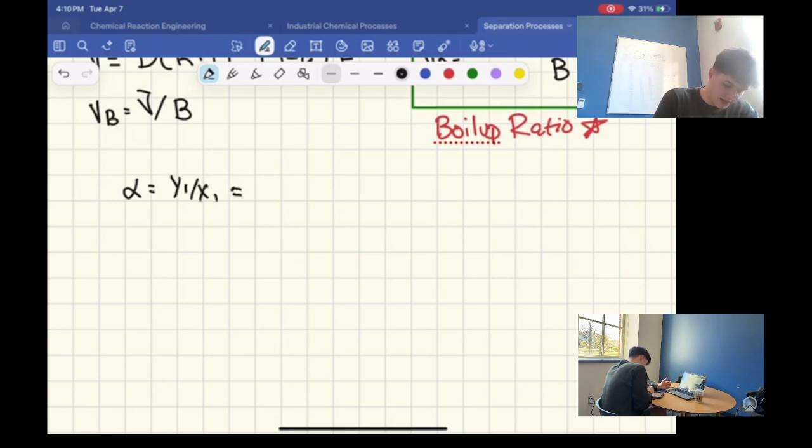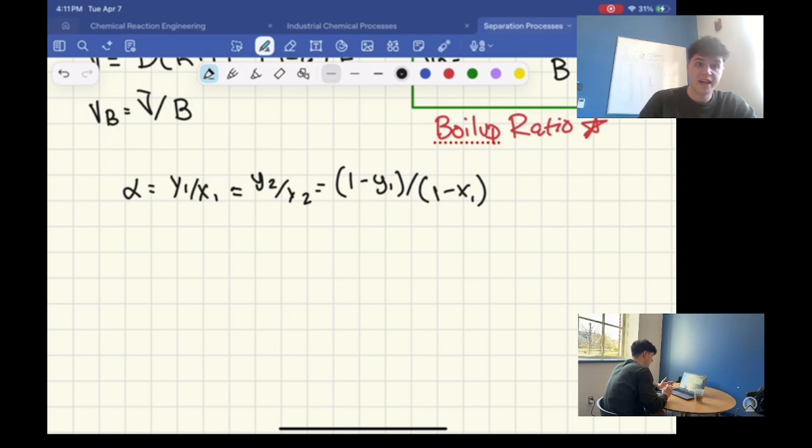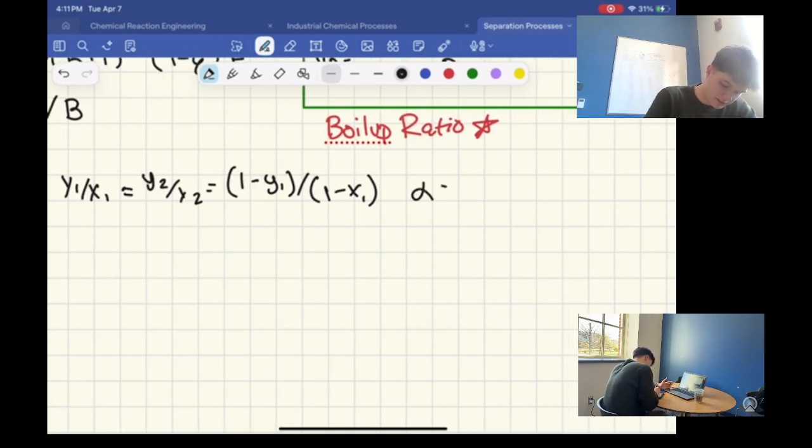which can also be written as y over 1 minus y, divided by x over 1 minus x, step by step. Now from here we can combine like terms, and we will say that alpha is going to be equal to y1 times 1 minus x1 over x1 times 1 minus y1.